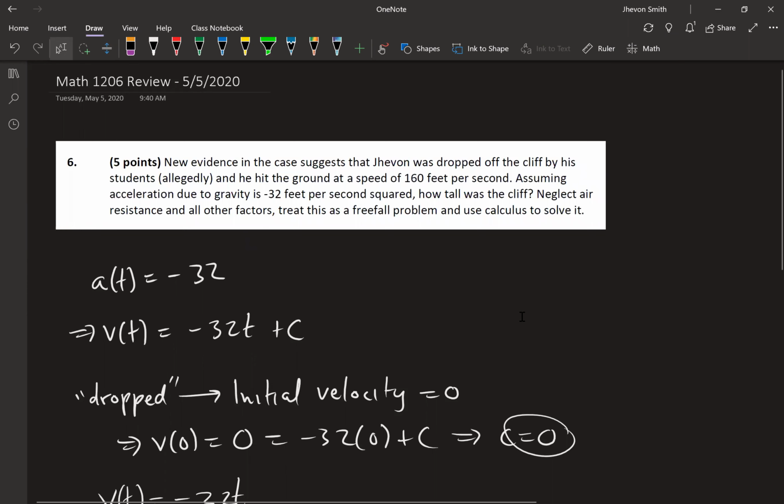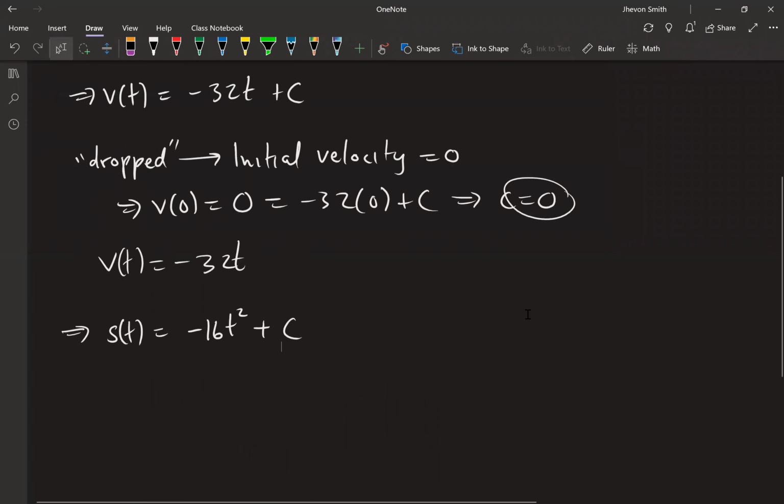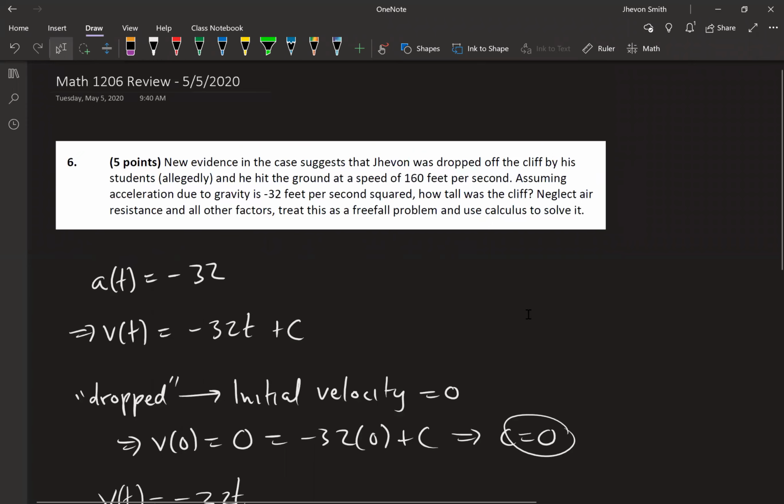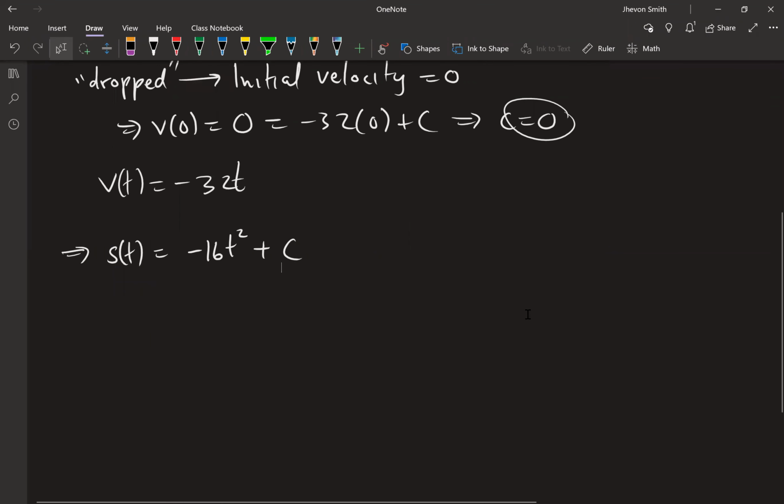So when the javelin hit the ground at a speed of 160 feet per second, we can plug in the 160 to calculate the time, right? It is 5 seconds. Yes. So you calculate the time.